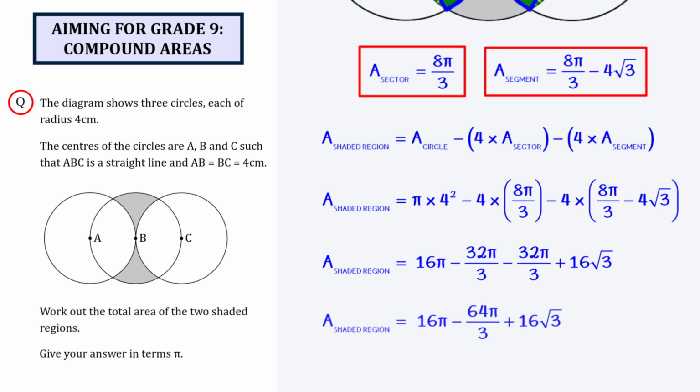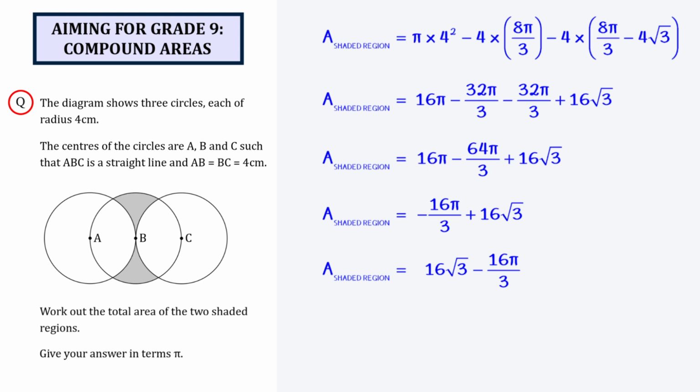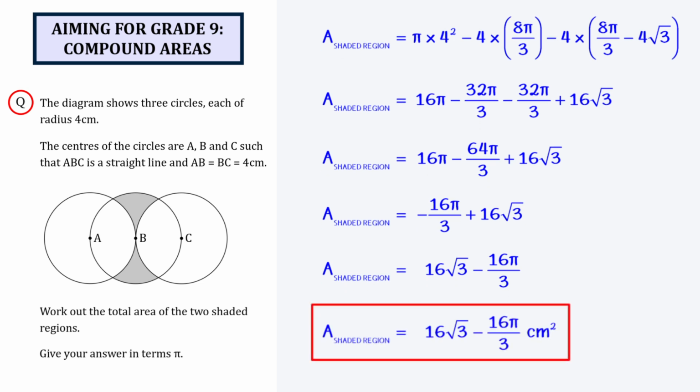And so we have 16 pi minus 64 pi over 3 plus 16 root 3, which gives minus 16 pi over 3 plus 16 root 3, which can be written the other way round as 16 root 3 minus 16 pi over 3. And so the area of the shaded region is 16 root 3 minus 16 pi over 3 centimeters squared.